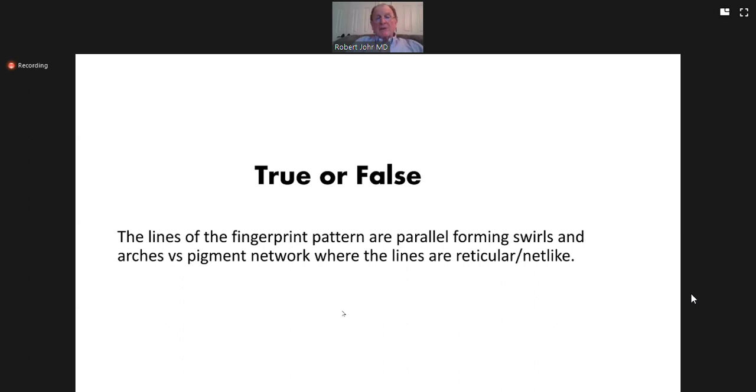So the fingerprint pattern parallel versus pigment network on the trunk where they're reticular and net-like. Is that true or false? All right. 3, 2, 1. All right, that's true. So I'm sure everyone got this one right. Oh, you're geniuses out there.